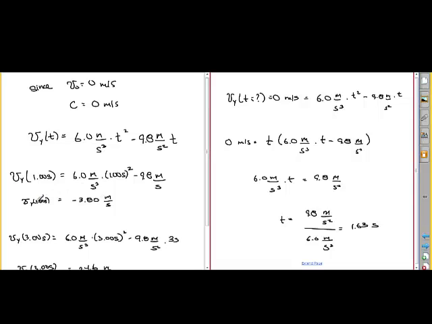So then we saw that over here: at 1 second it was going down, at 3 seconds it was going up. At 1.63 seconds it is stopped.